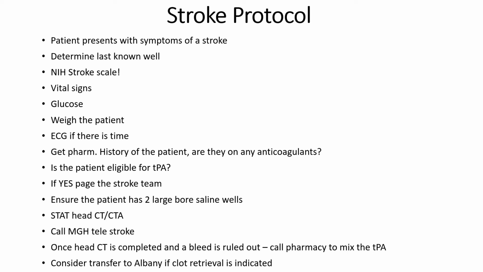What kind of treatments the patient should need, what kind of stroke he thinks this is. He'll look at the imaging of the CT and CTA, and our stroke is pretty much outsourced to MGH.